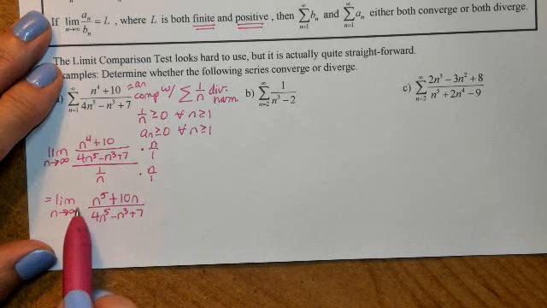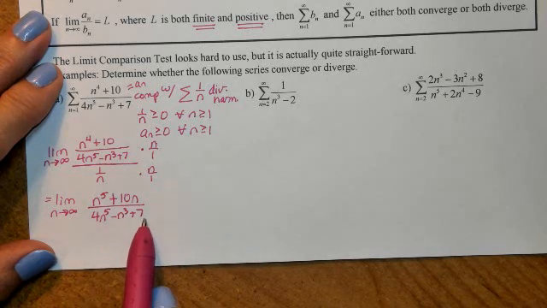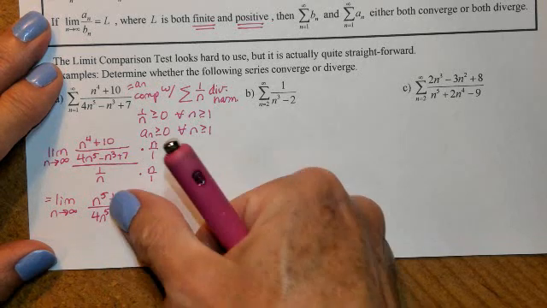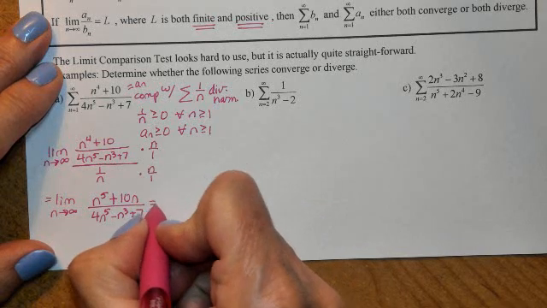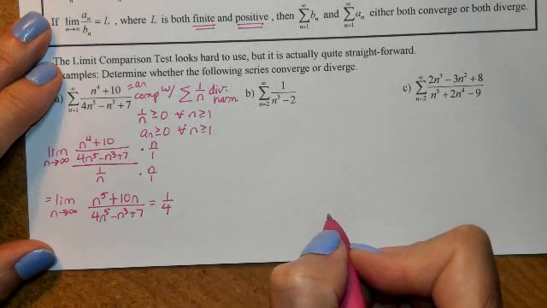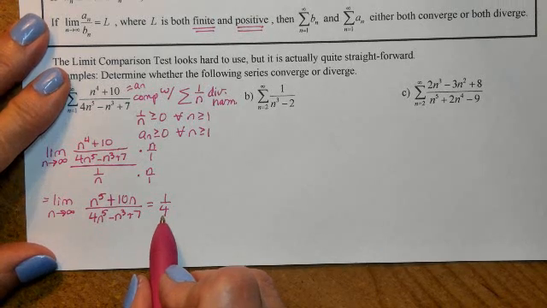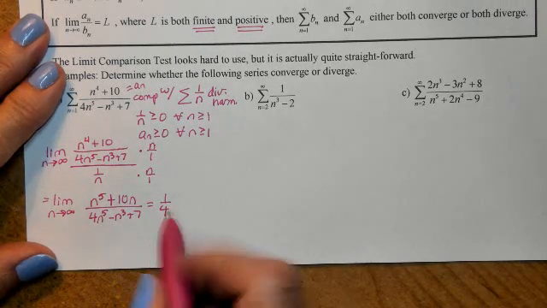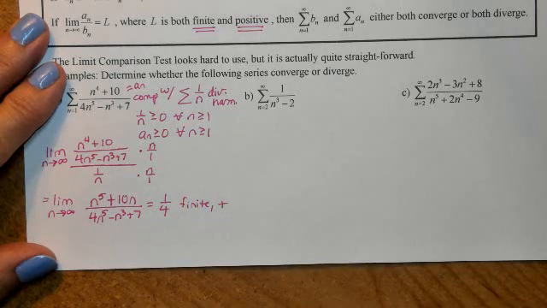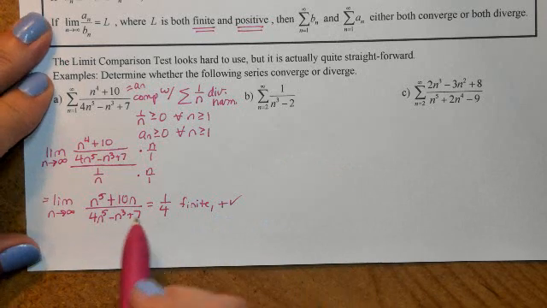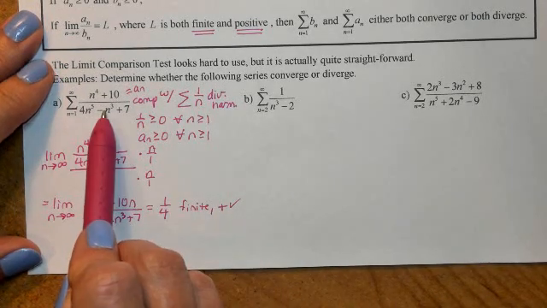What's this limit? As n goes to infinity, the 10n doesn't matter, the n cubed doesn't matter, the plus 7 doesn't matter, none of that matters. The n to the fifths reduce to 1, and you're left with 1/4. Is 1/4 finite? Yes, because it's not infinity. Is 1/4 positive? Yes. So I write finite, positive. Check. So whatever this does, this does.